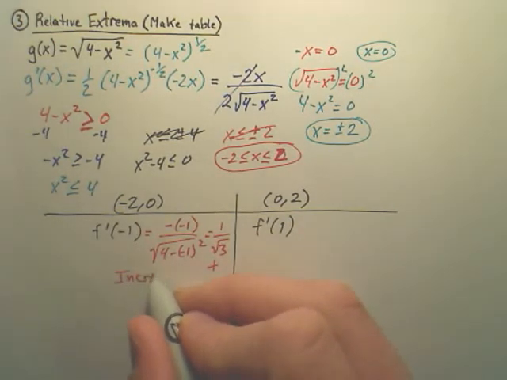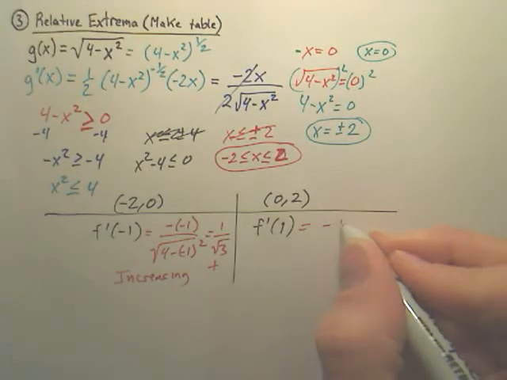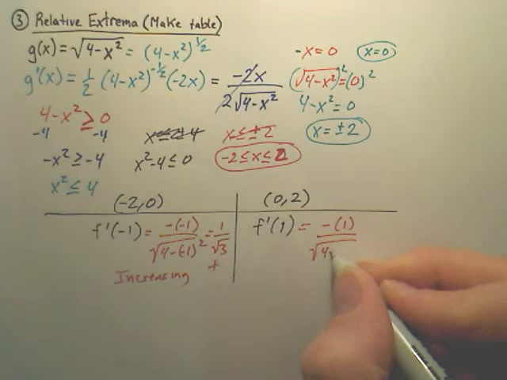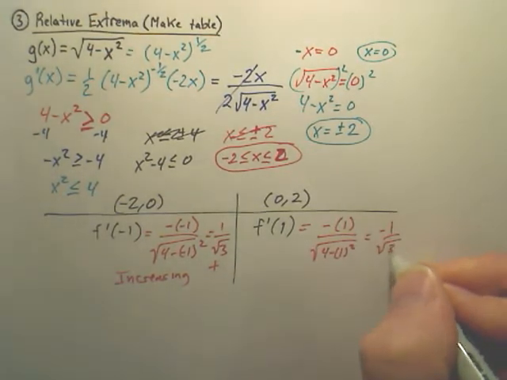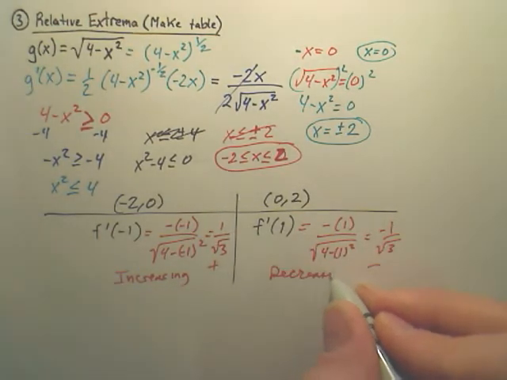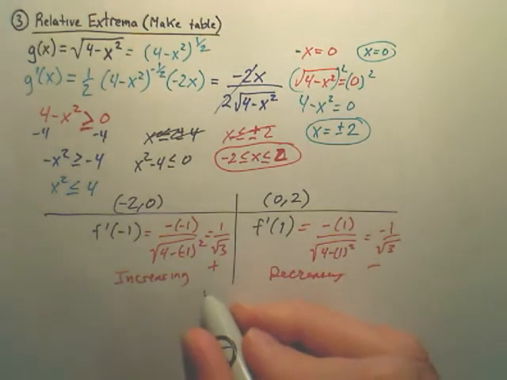So isn't that increasing? When you plug in 1, the opposite of 1 over the square root of 4 minus 1 squared, this one's negative, so this is decreasing. So we're increasing into decreasing.